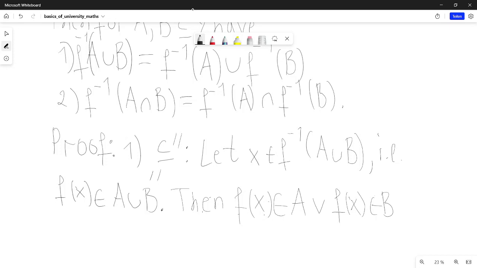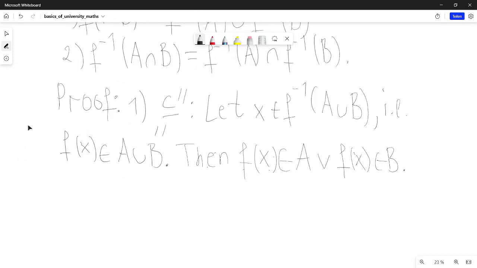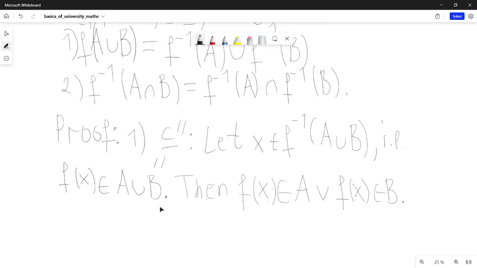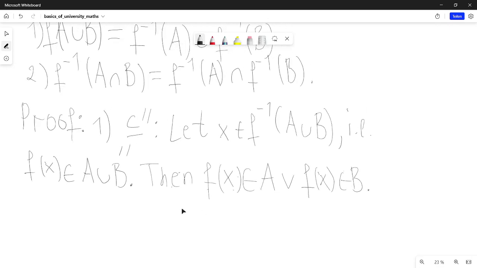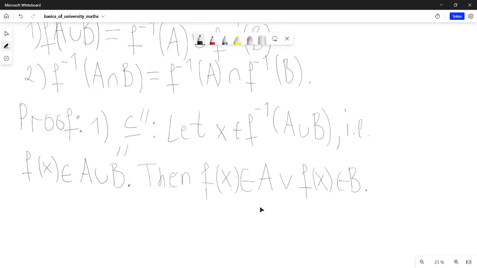So then we have that, right? Just by definition of a union, if f of x is element of A union B, then we actually have that. Right.